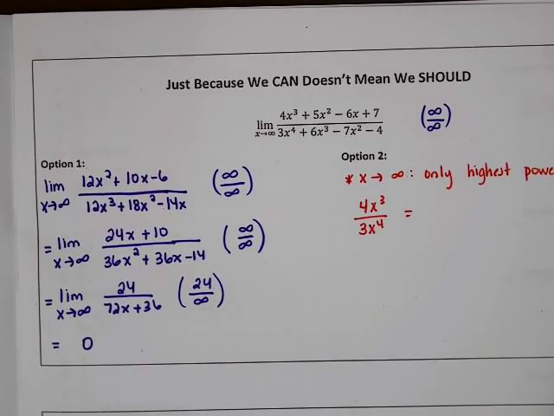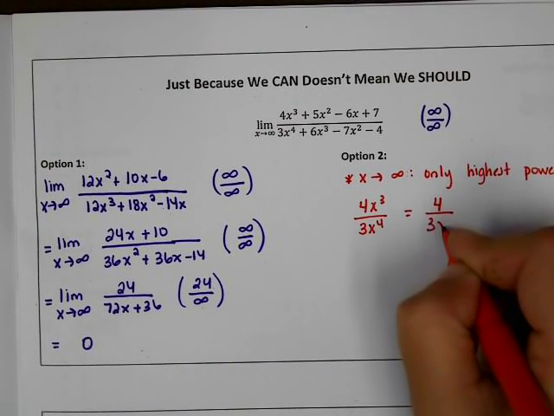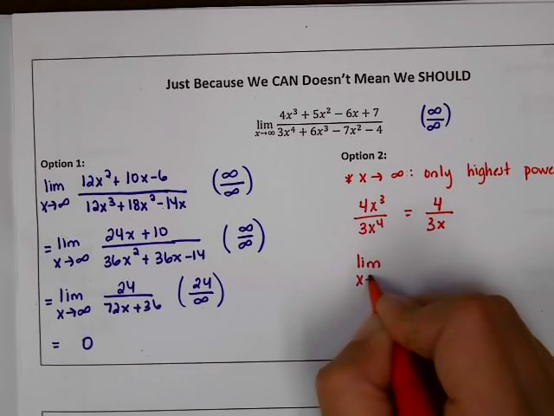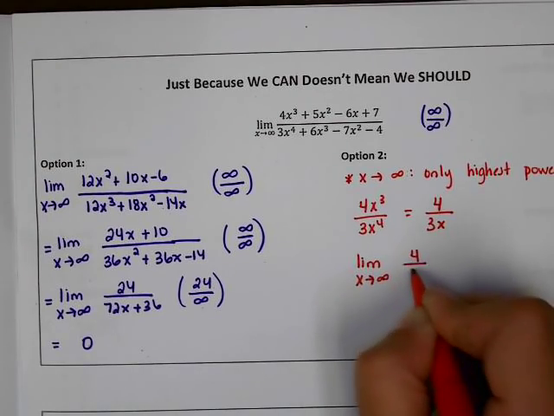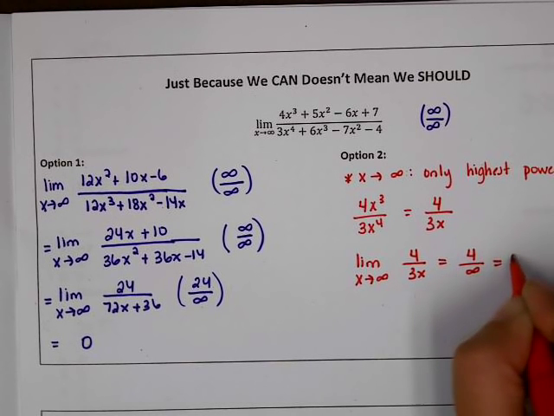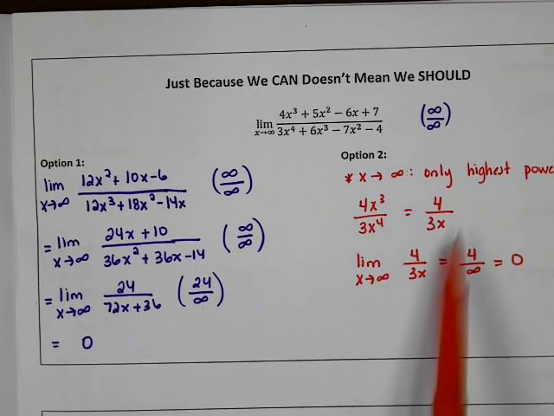The simplified version of that would be 4 over 3x. So we would use that to find our limit. Now if you plug in infinity, you get 4 divided by infinity, which again we said was 0. I think this is faster. You could do the other way, but it's tedious, and if you just remember some of your limit rules and you look at the highest powers, you don't have to do all that work.